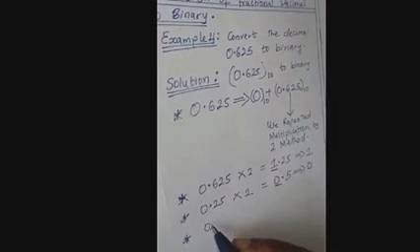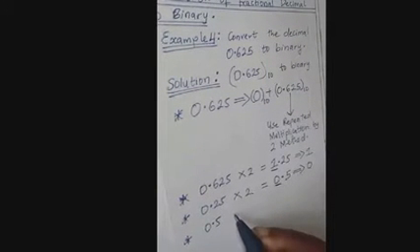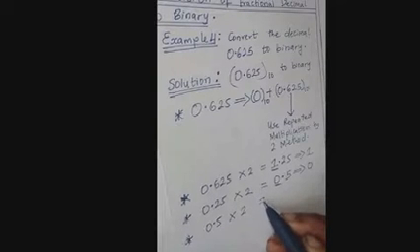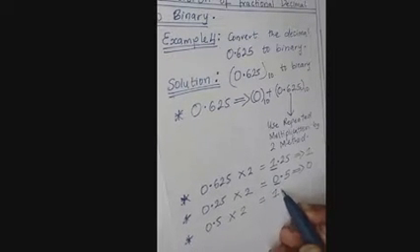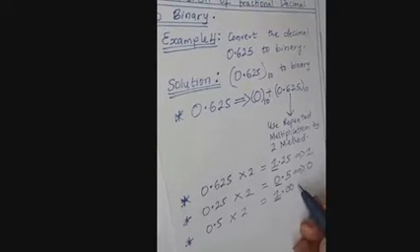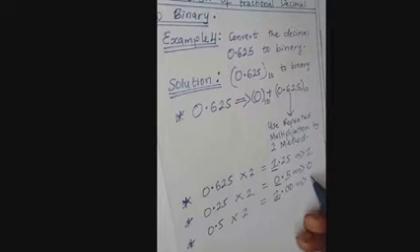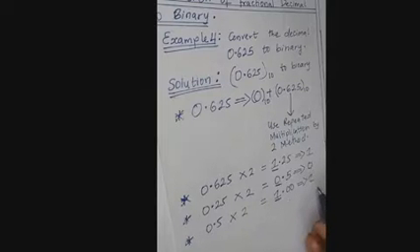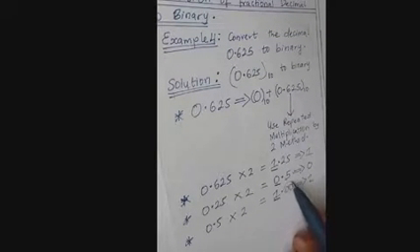So you write 0.5 times 2, and this will give you 1.00. This one, we also write it out. You are going to stop here because the next value is already 0.0.